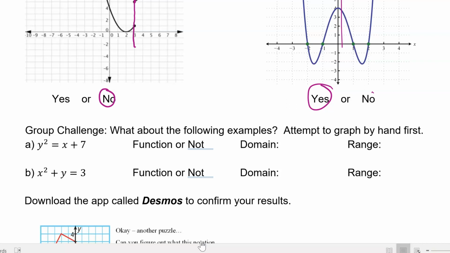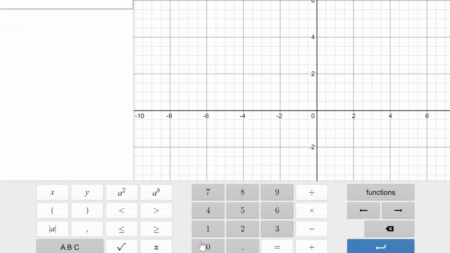So what you could do, you could graph this, how we've been graphing our other equations, or you can use Desmos for a shortcut, right? So I can go to desmos.com, and I can simply put in the equation to see the graph of it. If it passes the vertical line test, then it's a function, right?